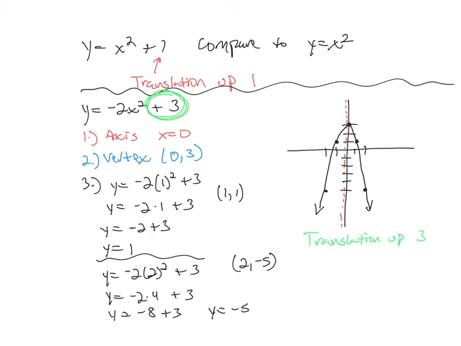Then we'll have a reflection over the x-axis because of that negative sign in the front. And then we'll have a vertical stretch by 2 because of the 2 that's next to the x squared.